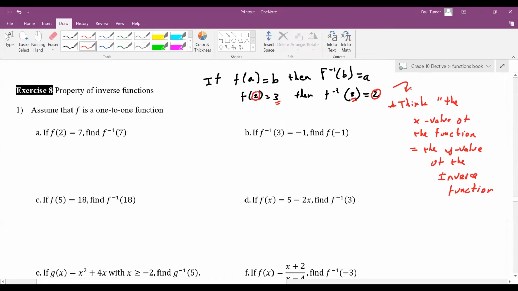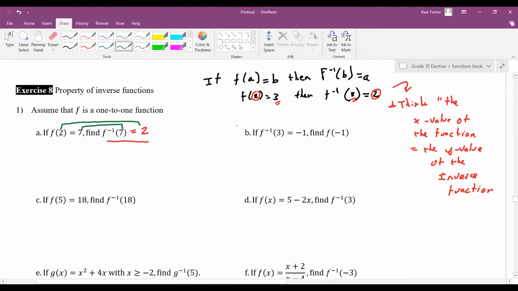It's the same thing. So here, the x value of your function, which is 2, becomes the y value of your inverse function. So f(2) is 7, f inverse of 7 is 2. So just note how they're swapping here. This goes here, and this 7 goes here.